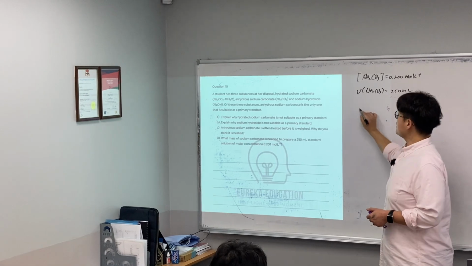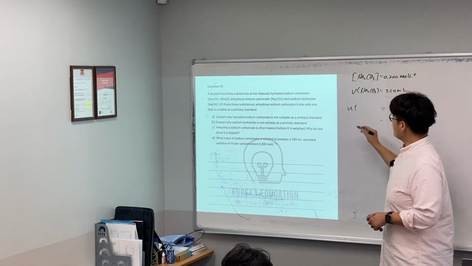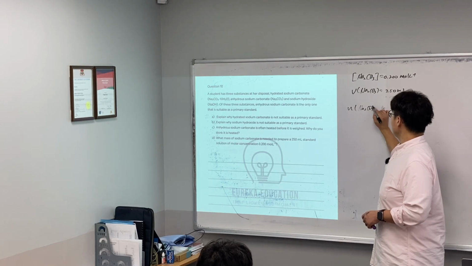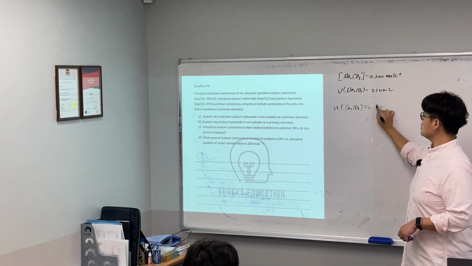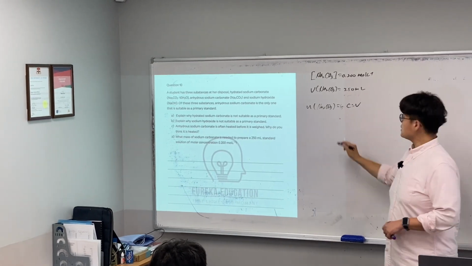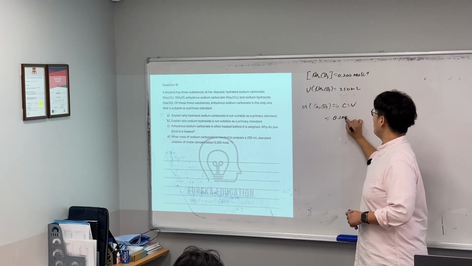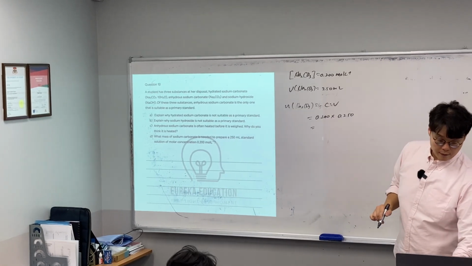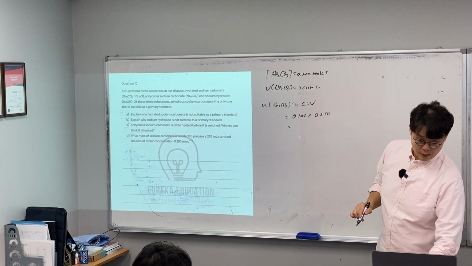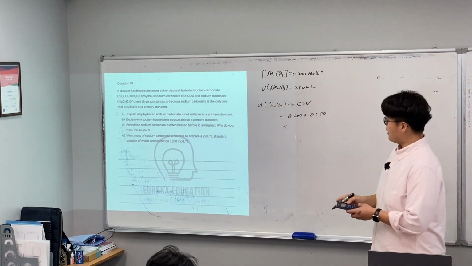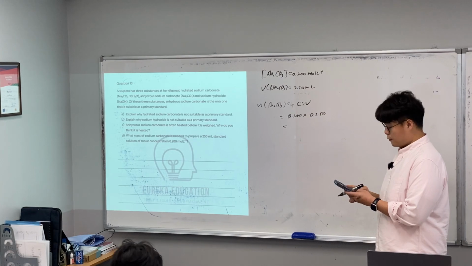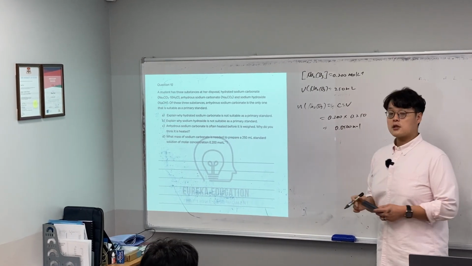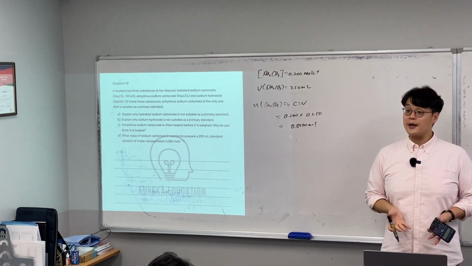First thing first, find the n of the sodium carbonate by n equals CV. That is 0.200 times 0.250. You're going to get 0.050 mole. This is the amount of sodium carbonate required.